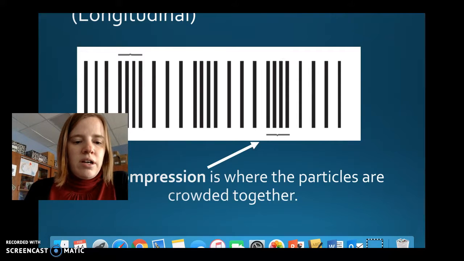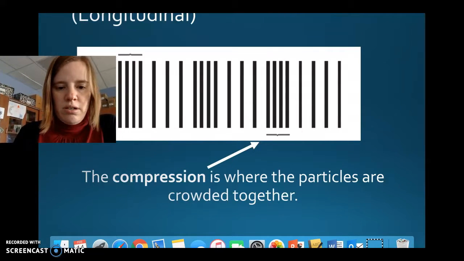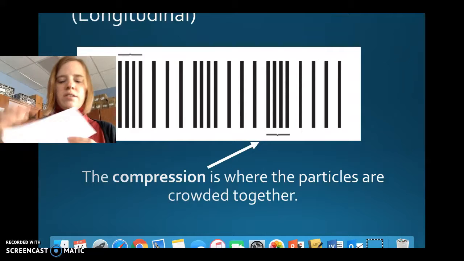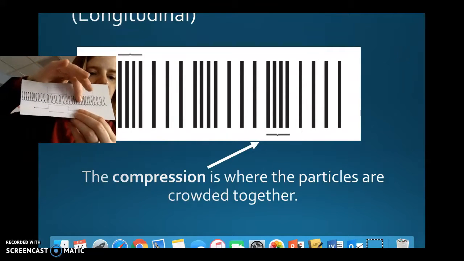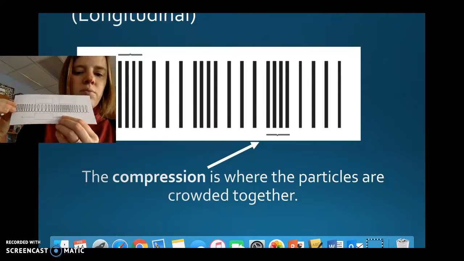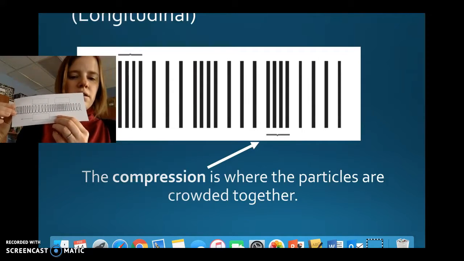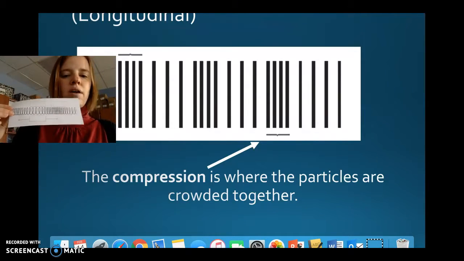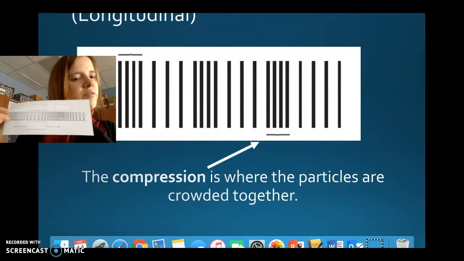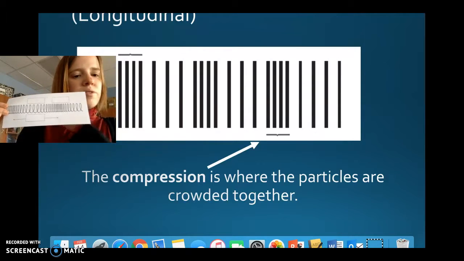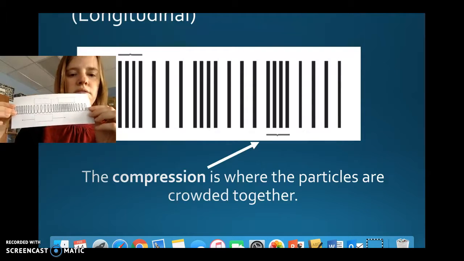So, parts of a compressional wave: the compression, which is the part that's tightly wound, so right here. This is where the particles are crowded together. Now, there are lines shown in this wave, but it's mostly going to be particles.